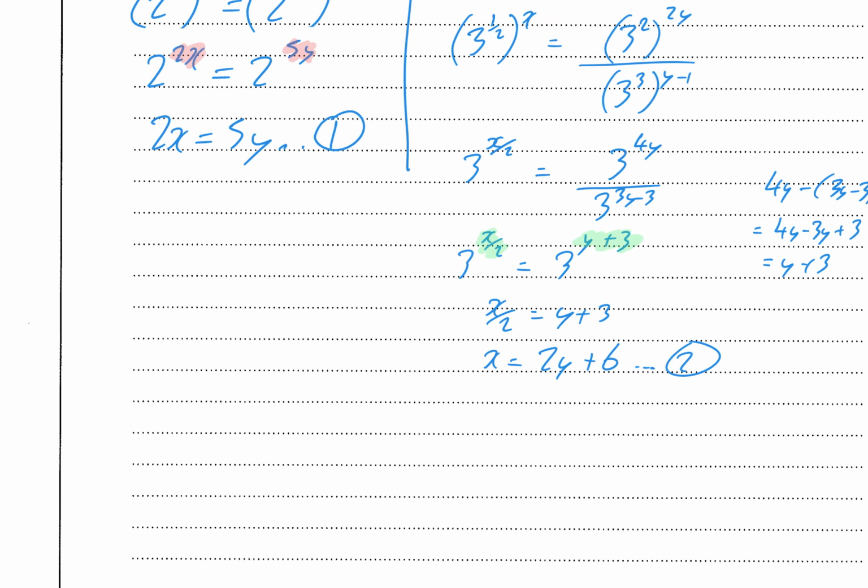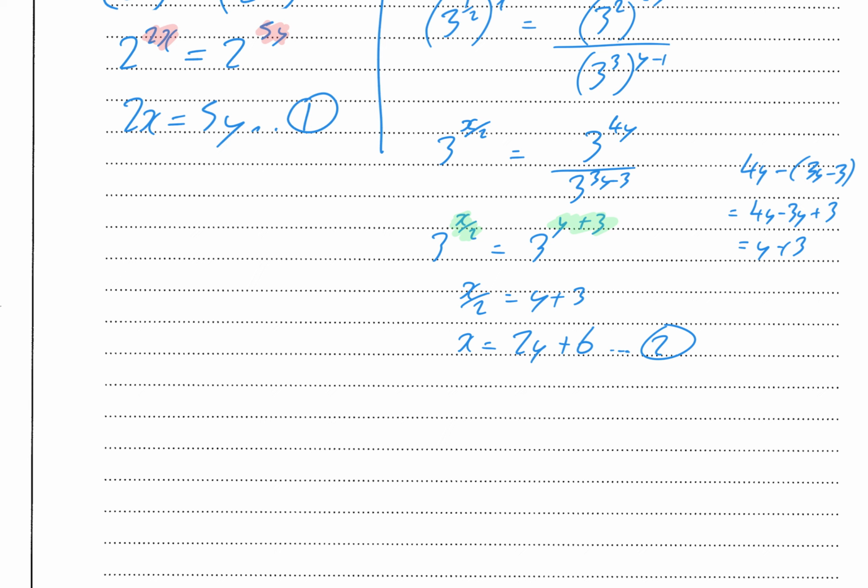So, okay, I've got x is equal to 2y plus 6, and I've got these two equations here. I've got this equation, and I have this equation which we now need to solve. So let me just write those down before I forget them. We've got 2x equals 5y, equation 1, and you've got x is equal to 2y plus 6.